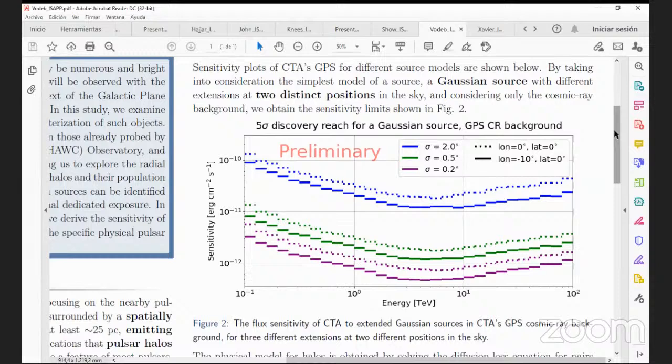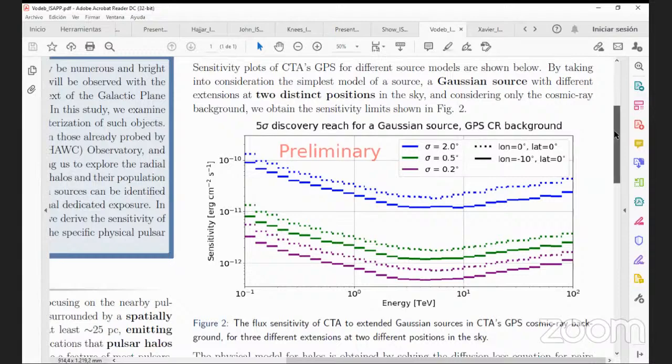This analysis is specifically targeted to assess the sensitivity to extended sources, and in this context, it shows that the more extended sources reach worse sensitivity than less extended ones, because more extended sources are harder to distinguish from the background. We also see here that there is a little but noticeable difference between the 2 positions in the sky, which is due to a small difference in the exposure of the Galactic Plane Survey at these 2 chosen locations.